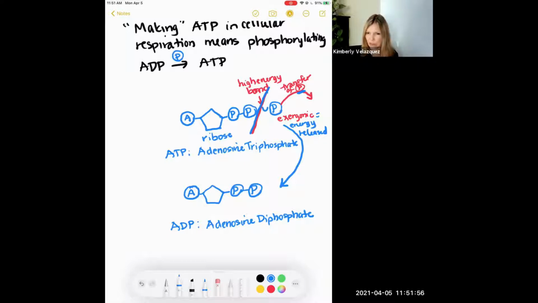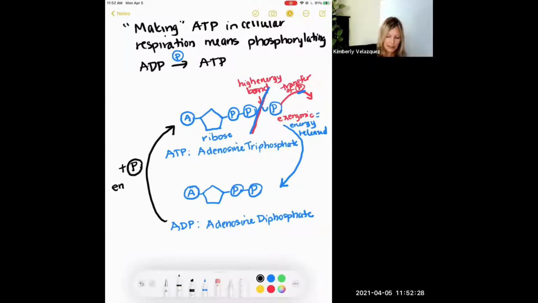Remember that exergonic reactions are coupled with endergonic reactions. Endergonic reactions require energy input. Another important endergonic reaction is adding that phosphate group back onto ADP to regenerate ATP. That is going to be endergonic. So ADP becoming ATP again is going to require a phosphate group to get added back on.